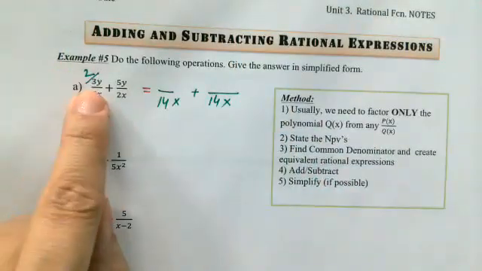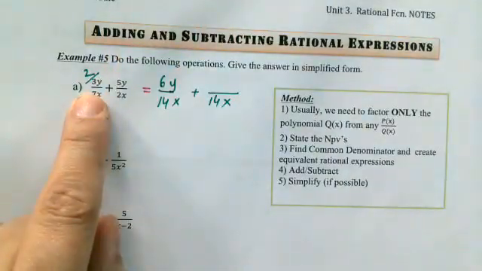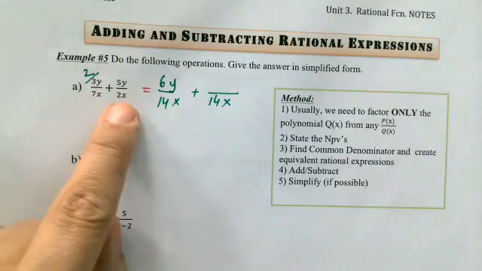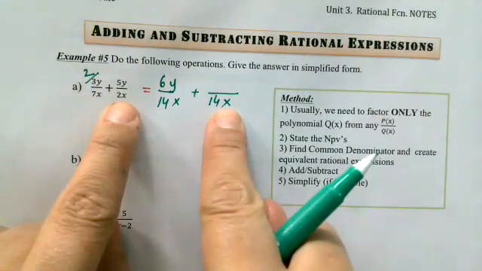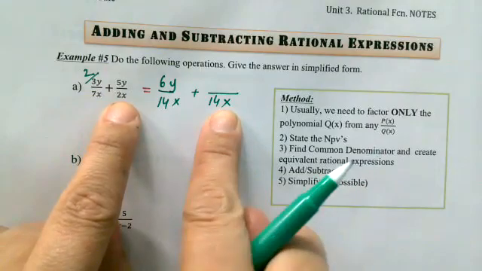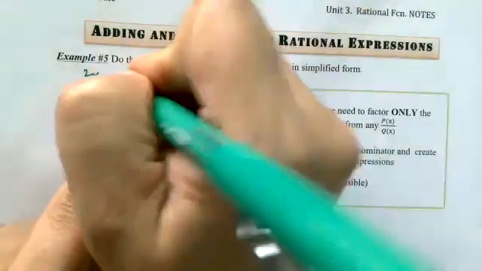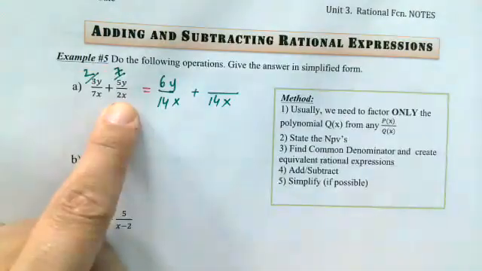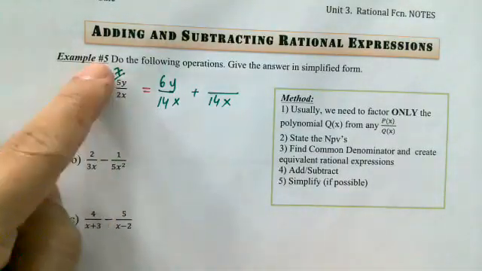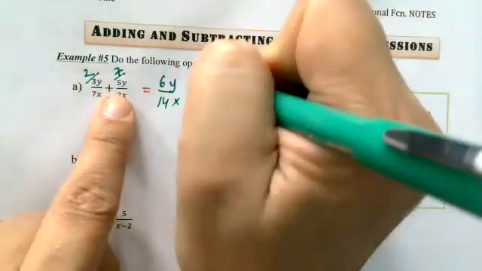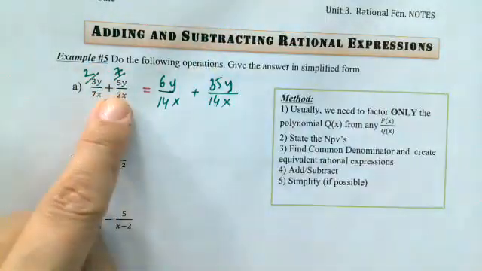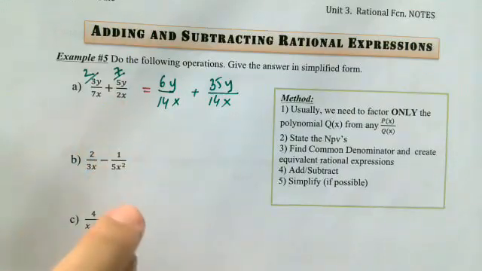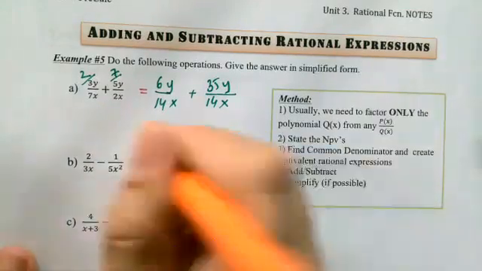And then 2 times 3y is 6y. And from 2x to 14x in the second fraction, we multiplied by 7, so I would have to times by 7 at the top as well. 7 times 5 is 35y. Now that you have two fractions with the same denominator, you can keep the denominator.